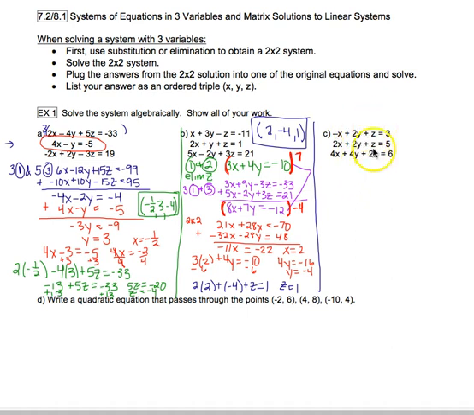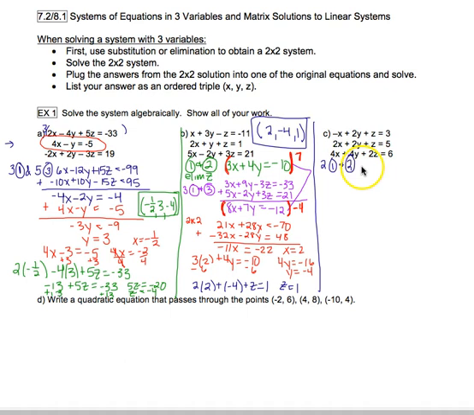Because all my y's and all my z's are positive, I'm going to this time choose to eliminate my x's. So in this case, I'm going to choose equation 1 with equation 2, and I'm going to need to multiply equation 1 by 2. So 2 times equation 1 and equation 2 together.